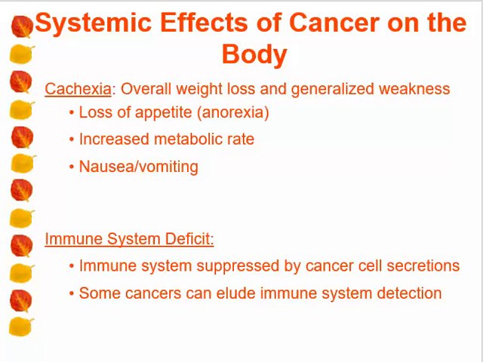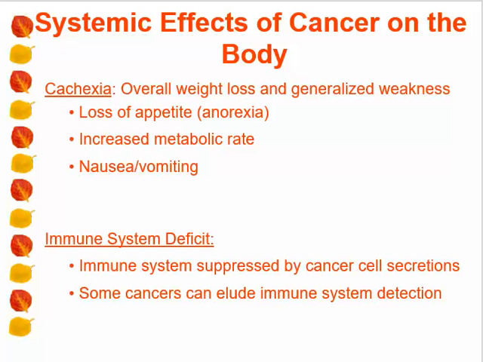So loss of appetite is a big thing. Overall weight loss and generalized weakness is what you see. Like if you go visit a relative that has cancer, you're going to say, oh my God, he used to be 190 pounds and now he's 105 pounds.